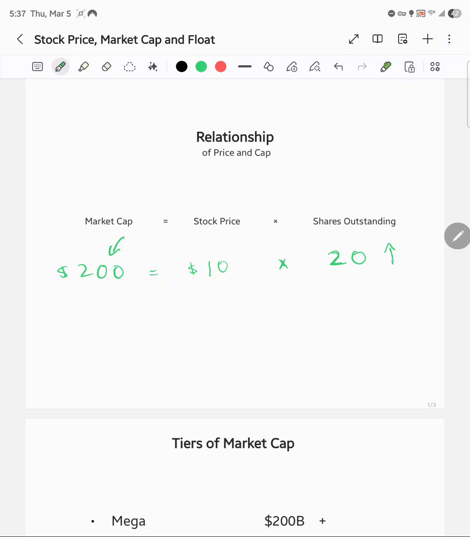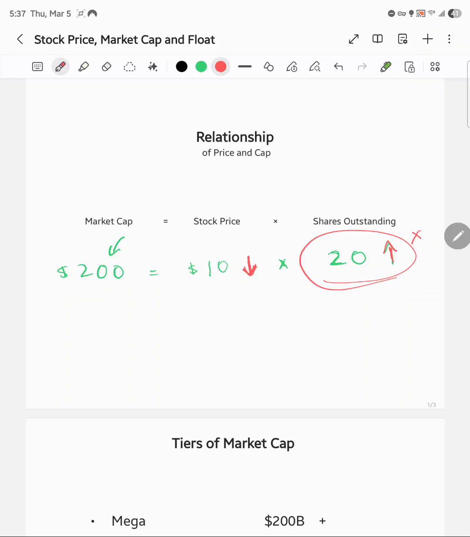So if the number of shares goes up, that's a negative. That's a bad thing. If the number of shares goes up, the price of the stock goes down. Okay?